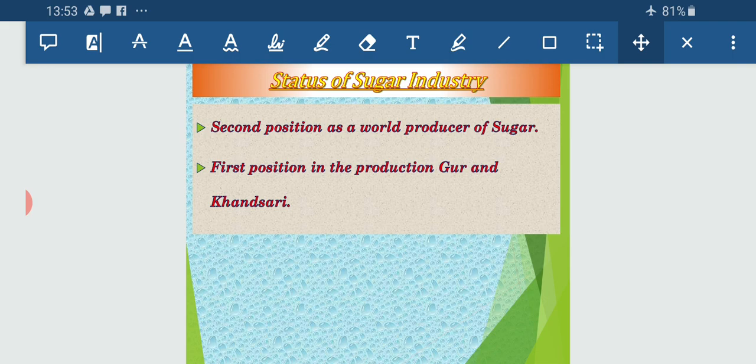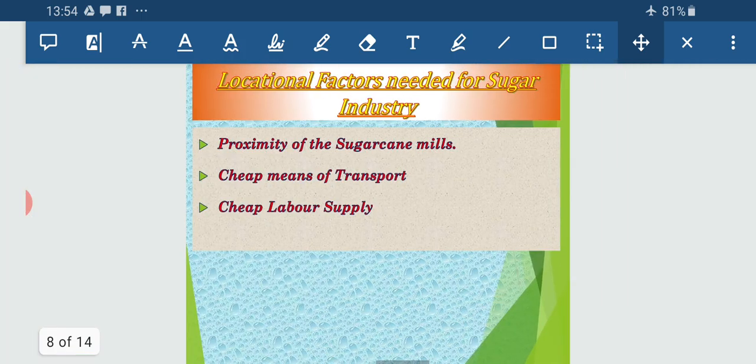But the byproducts of sugar are gur and khansari, and even molasses. Gur is a solid and the molten part is termed molasses, and khansari is those big cubes of sugar, like we term it misri. So for producing the byproducts of sugar, India occupies first position. This is the status of the sugar industry.